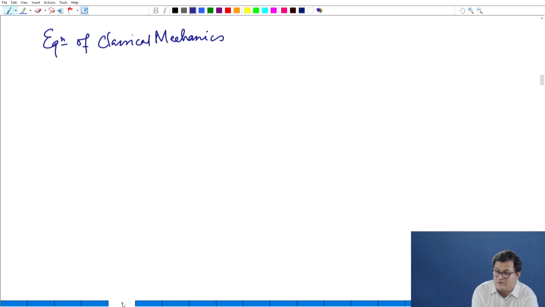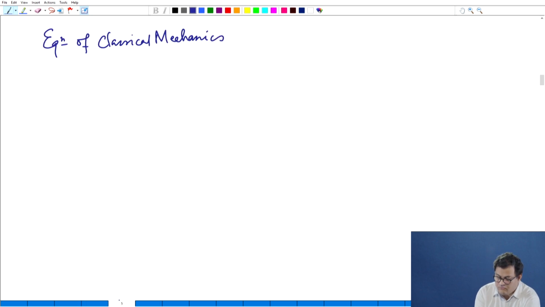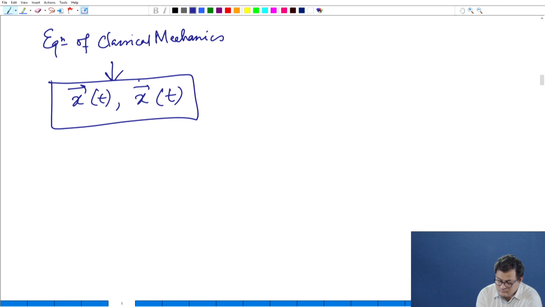If you know this equation, then your initial duty is to solve it and finally find x as a function of t and x dot as a function of t. Whenever you have a dynamical system and you study the motion, what is the goal?